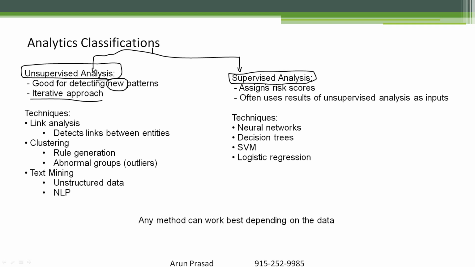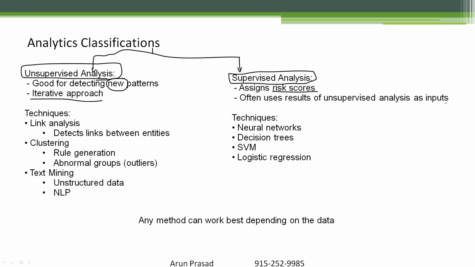Those are the techniques that you use. Supervised analysis is where you assign risk scores, for some of the things that we already know, okay, this is the segment, this is somewhat deterministic, then you can assign those scores. Supervised, in other words, means you know the outcome of that event.